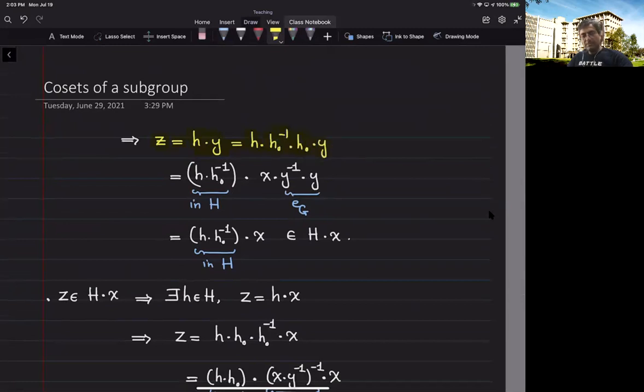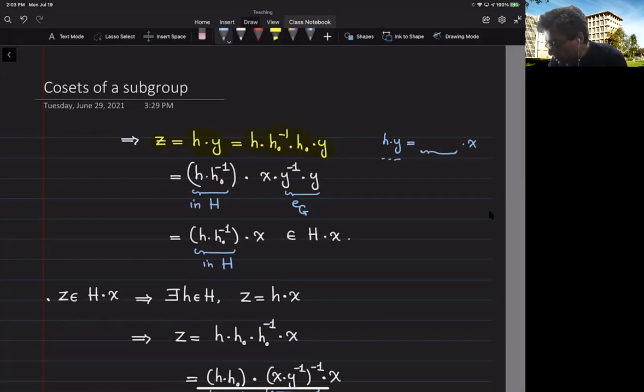This argument is essentially what I had on the other page, but this might seem slightly more tricky because here it's not clear why I consider putting h naught inverse, h naught in the middle. So in the previous line of logic, I suggested this because I want to show that this guy is something inside H that we don't know times x.